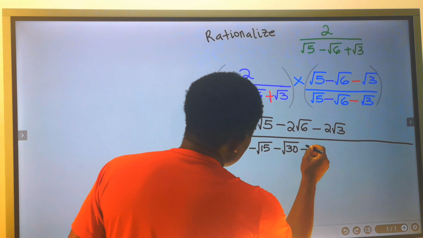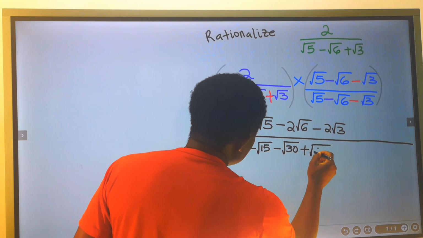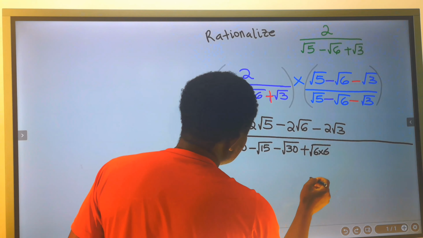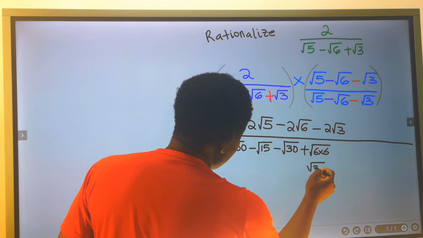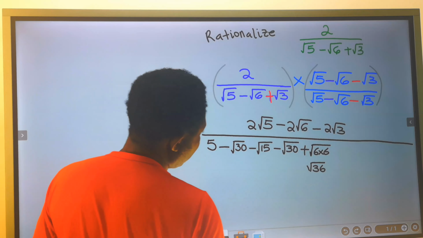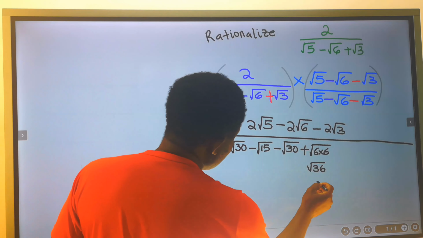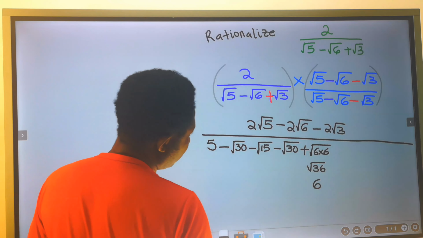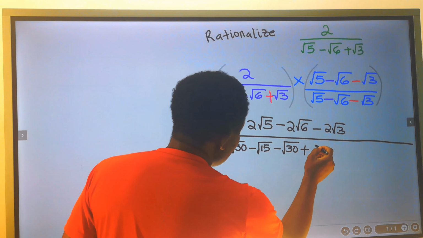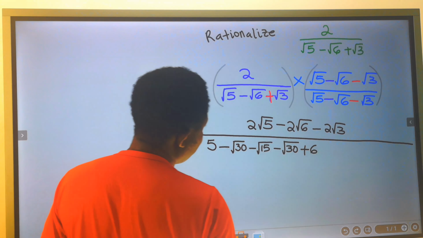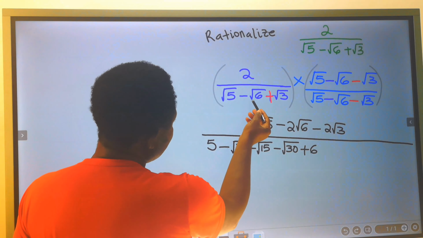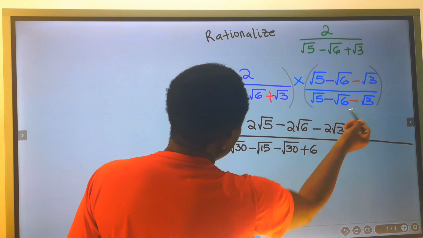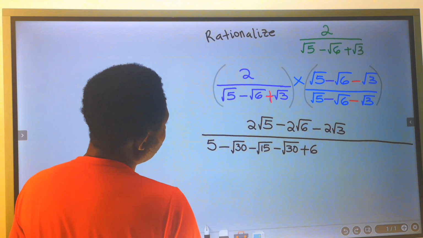We're going to have plus the square root of 6 times 6. 6 times 6 will give you inside the square root 36. The square root of 36 will return 6. Here we have 6.